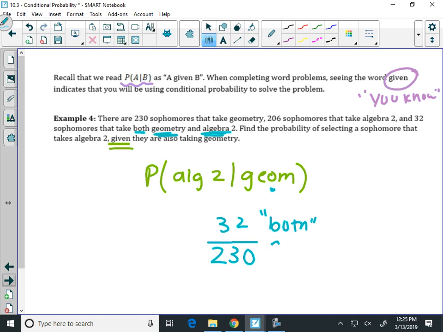And then as a decimal, what do we get to two decimals? 0.14, about 14%. That would not have been 0.42. So 14% of the people taking geometry are also taking algebra 2. Questions over that?